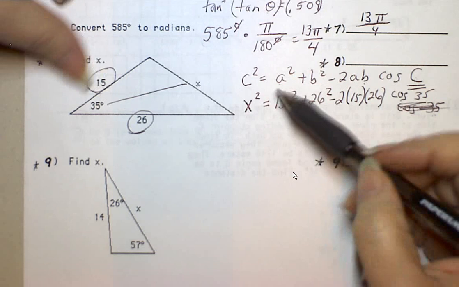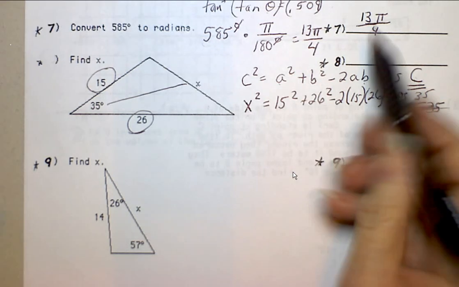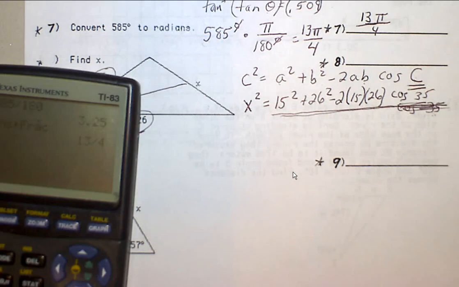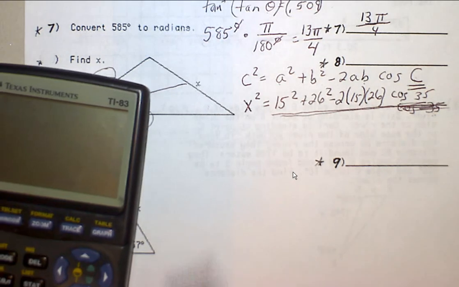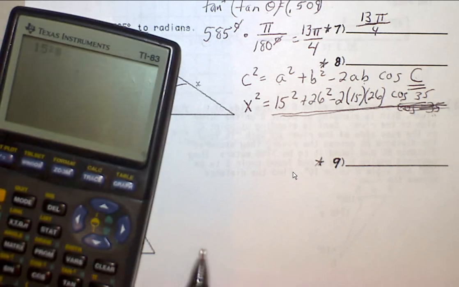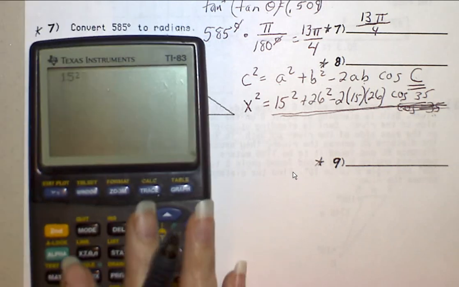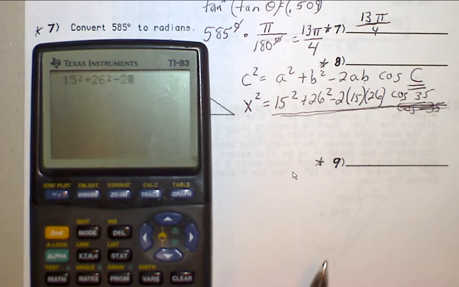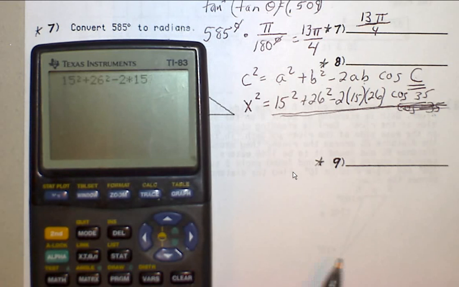Since we are solving for a side at this point, we just throw this all into our calculator: 15 squared plus 26 squared minus 2 times 15 times 26 cosine of 35.